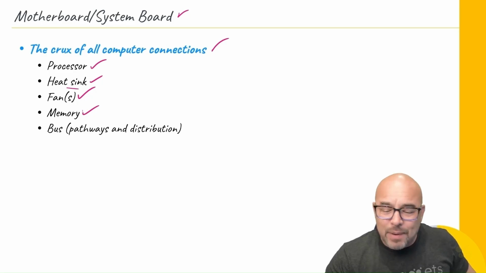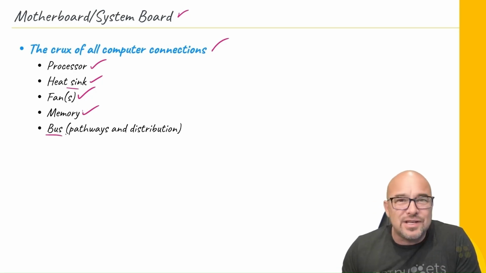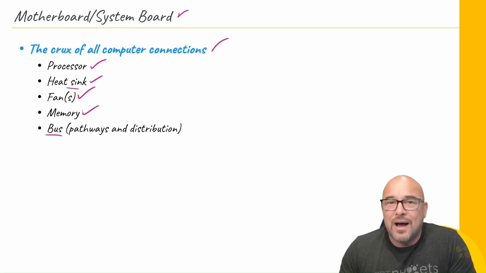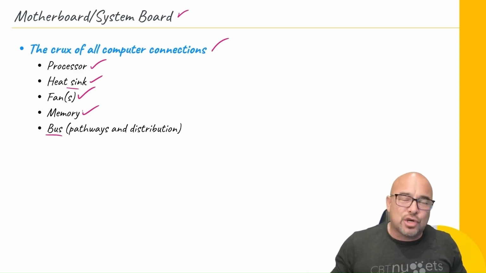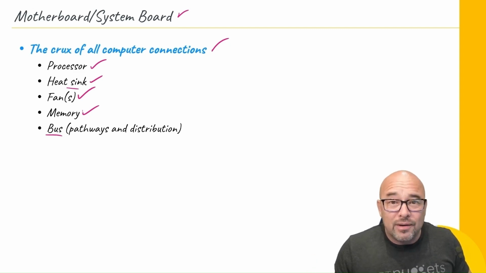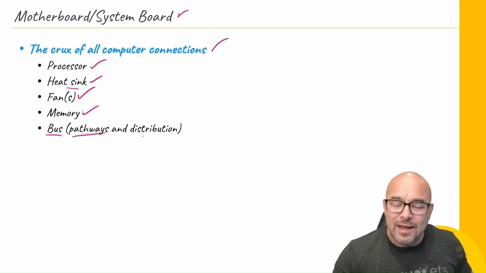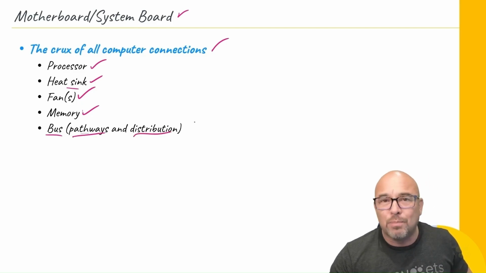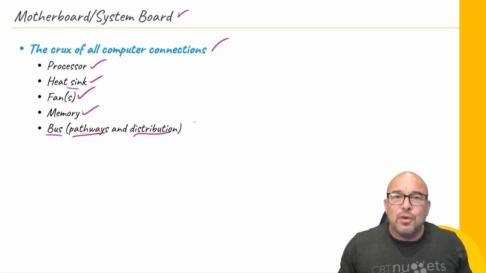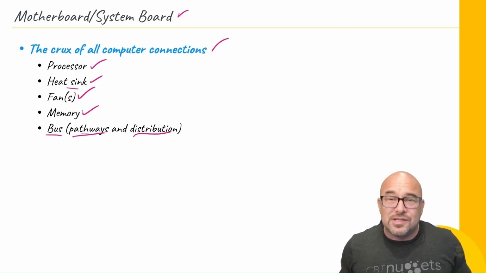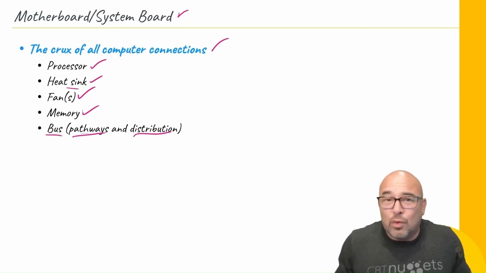There's also the bus. This is not really as easy to physically identify because it's kind of integrated into the circuitry of the motherboard. It's really just a pathway for all of the data, and it's how everything gets distributed from one place to the next. I mean, after all, if you enter something on the keyboard, it gets sent in through probably a USB port, and then what happens to it?